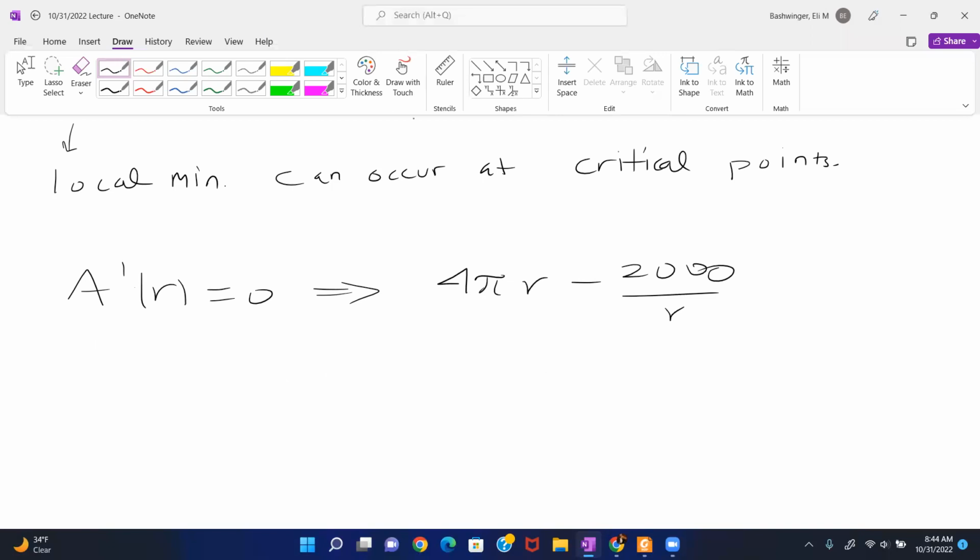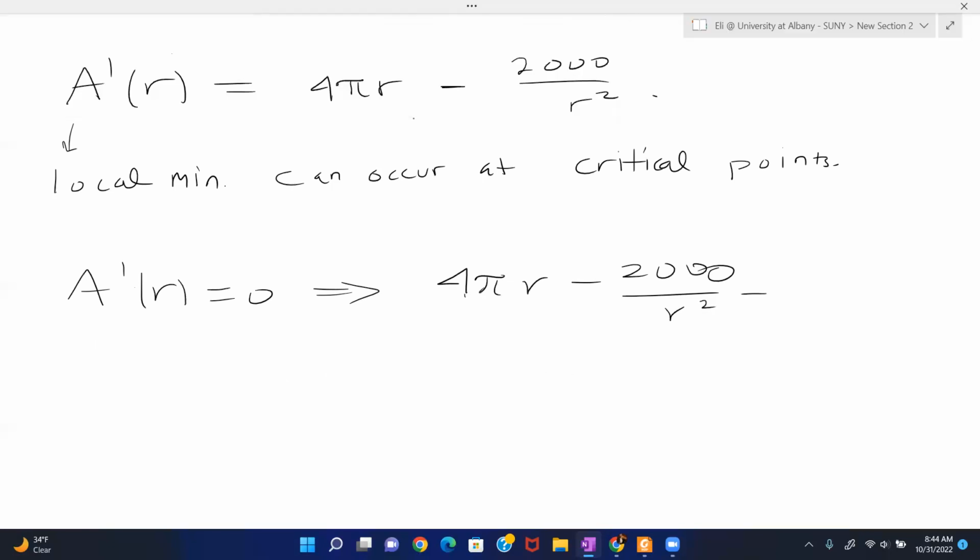Oh no, I took the derivative. I'm sorry. So I get that, and then if you solve, I'll just get to the point. If you do the algebra, I'm not going to write it all out.